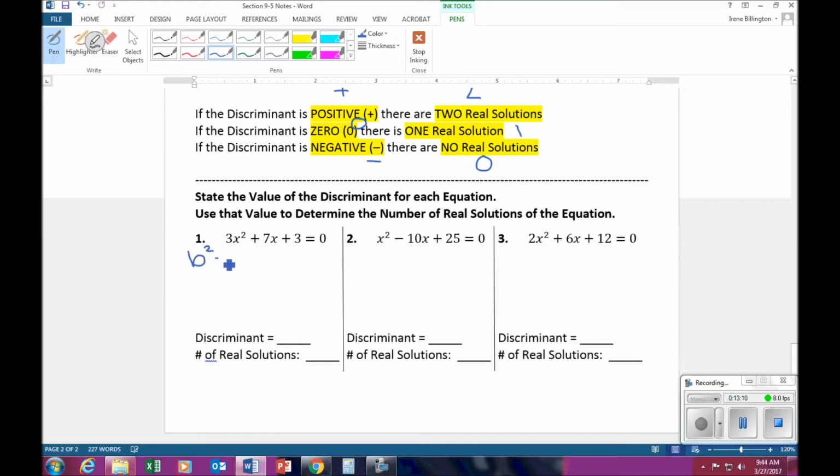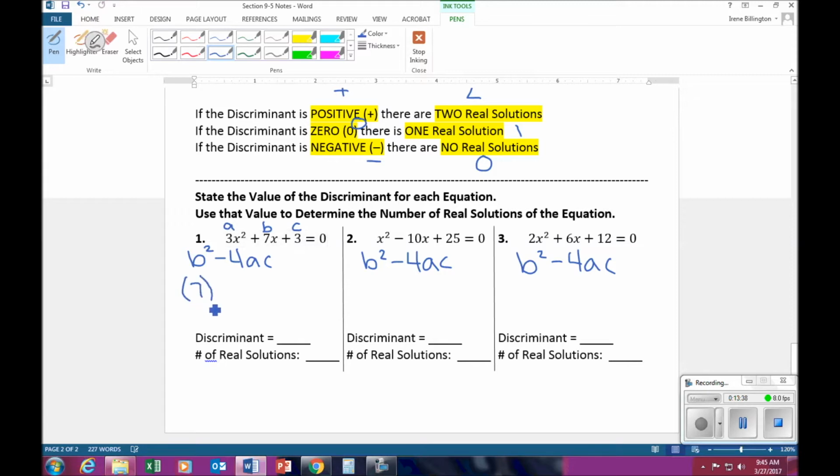So we have b squared minus 4ac. That is what the discriminant is. Okay, you're taking your b value squared, subtract 4 times a times c. Okay, a here is 3, b here is 7, c is 3. Again, your equation does have to equal 0. I set all these up for you.